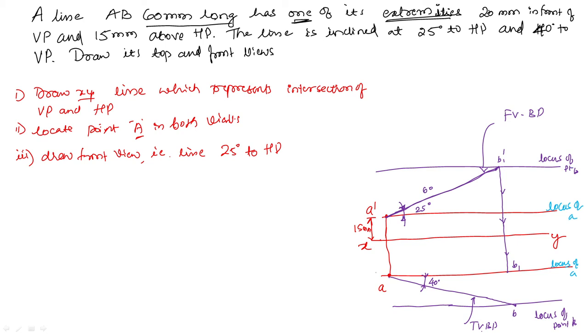Now the theme is that as the line is inclined to horizontal plane, if you look from top, you are going to get a straight line here. That is the concept. Similarly, if the line is inclined to vertical plane, if you project its front view, you are going to get a straight line in front view. That is the concept here. That is rotation of lines.